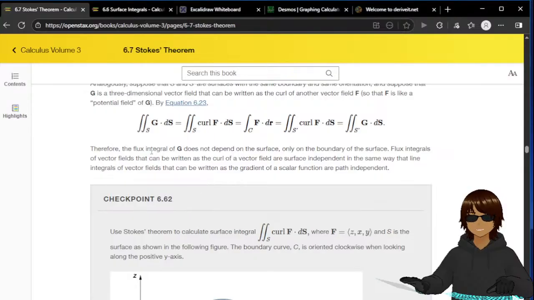Therefore, the flux integral of G does not depend on the surface, only on the boundary of the surface. Flux integrals of vector fields that can be written as the curl of a vector field are surface independent in the same way that line integrals of vector fields that can be written as a gradient of a scalar function are path independent.